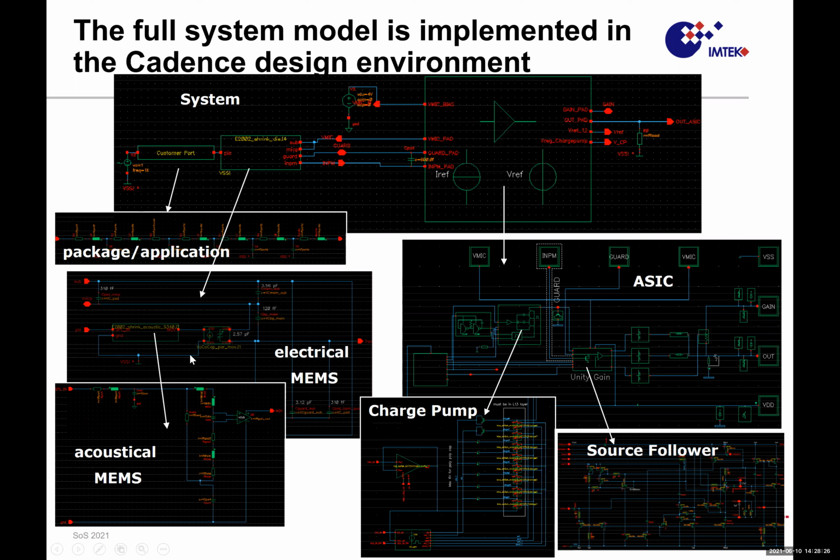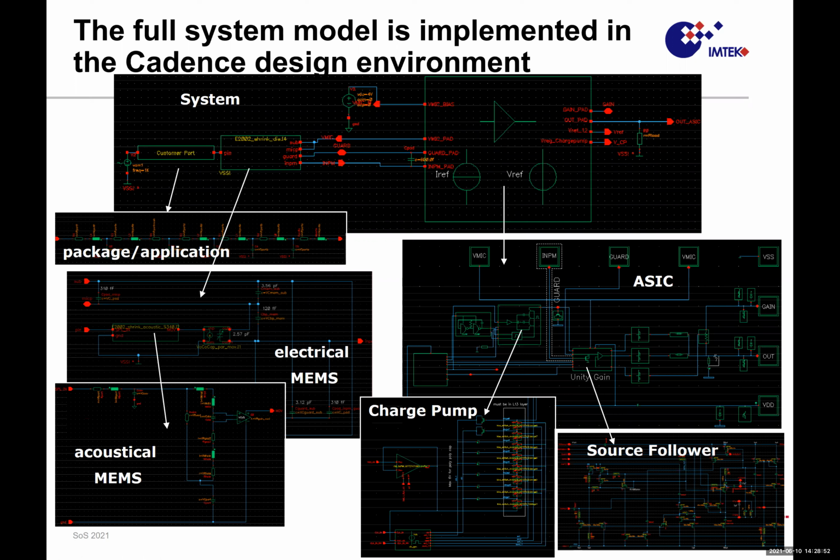We see here also kind of a transformer from the acoustical into the electrical domain. And then is the electrical capacitive situation of the microphone. And of course, I don't go into the ASIC model. The ASIC model is much more complex, but we find a portion which is called the charge pump. This is generating the bias for the microphone. And we find a portion, this is the source follower, this is the input transistor to the microphone.